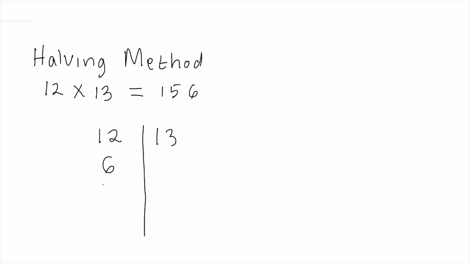Half it again, 3, and half it again, it becomes 1.5, but we write it down as 1. In the right column, we double it. 13 doubled equals 26, double it again, 52, and so on.